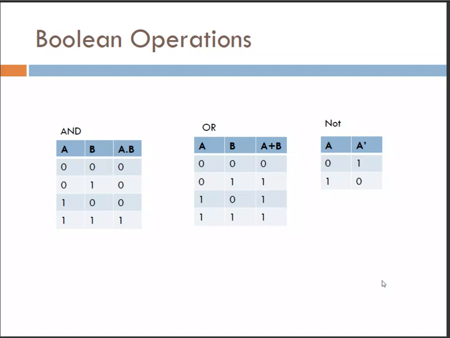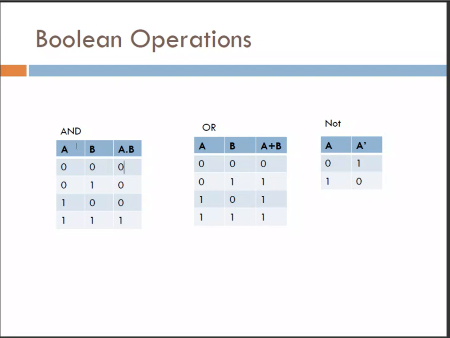Here we have AND, with two variables, A and B. Then in the third column we have A dot B. As we have two variables, we should have 2 power 2 possible answers.